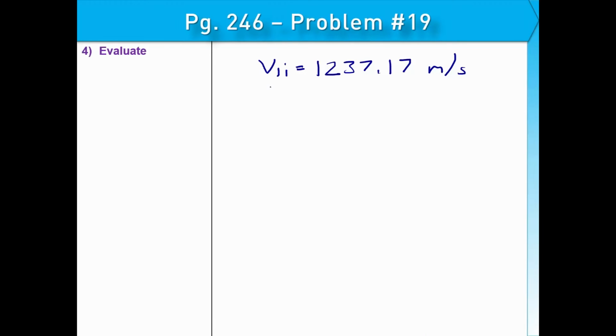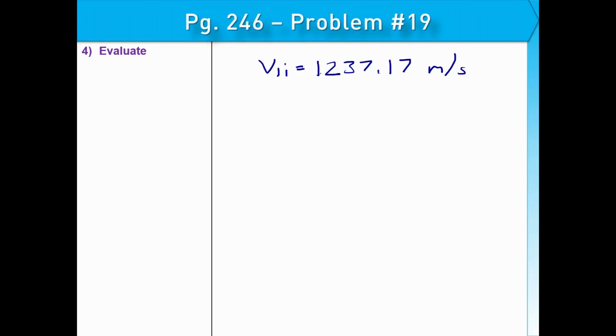To double check our answer, we're going to analyze the sign. It is a positive value, so it means that the initial velocity of the bullet is traveling to the right, just as the bullet and the block after the collision. It makes sense that the bullet is traveling the same direction as after the collision, so it should be a positive value. Check to make sure: is it too small, too big?